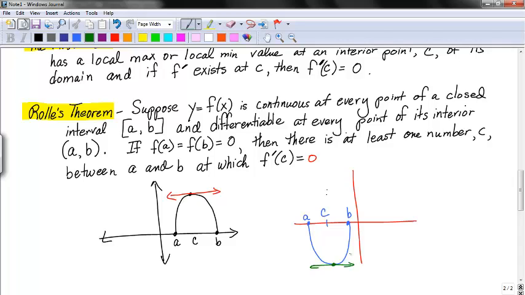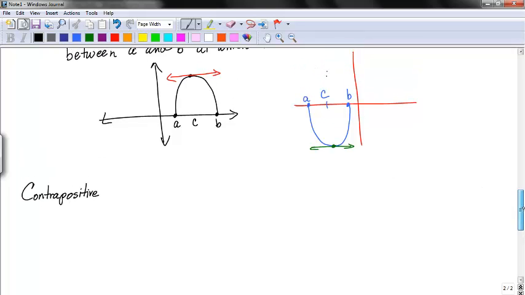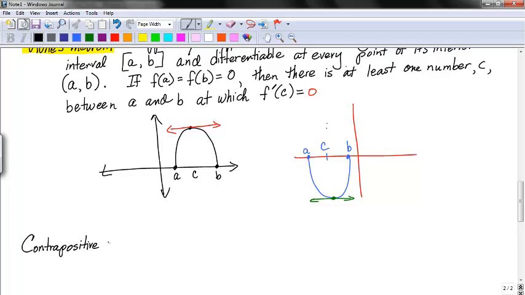Then there is a contrapositive of Rolle's theorem. You did a little bit of that in geometry. Okay, the contrapositive of Rolle's theorem.